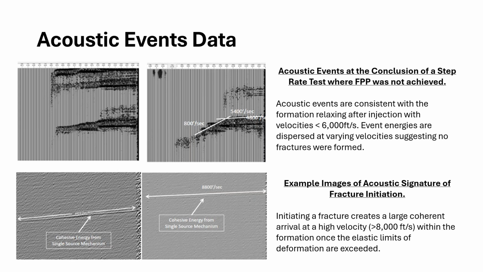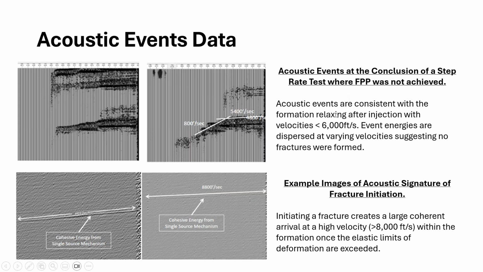So this is acoustic data collected using fiber optic tools available from someone like Schlumberger. In this case, this is the conclusion of a step rate test on the top here, and the acoustic events that are occurring following the end of the step rate test.